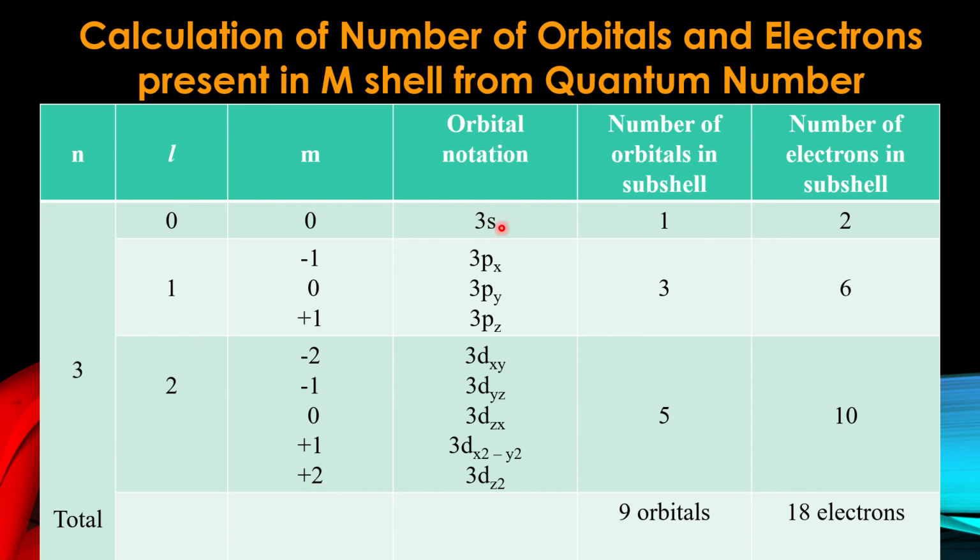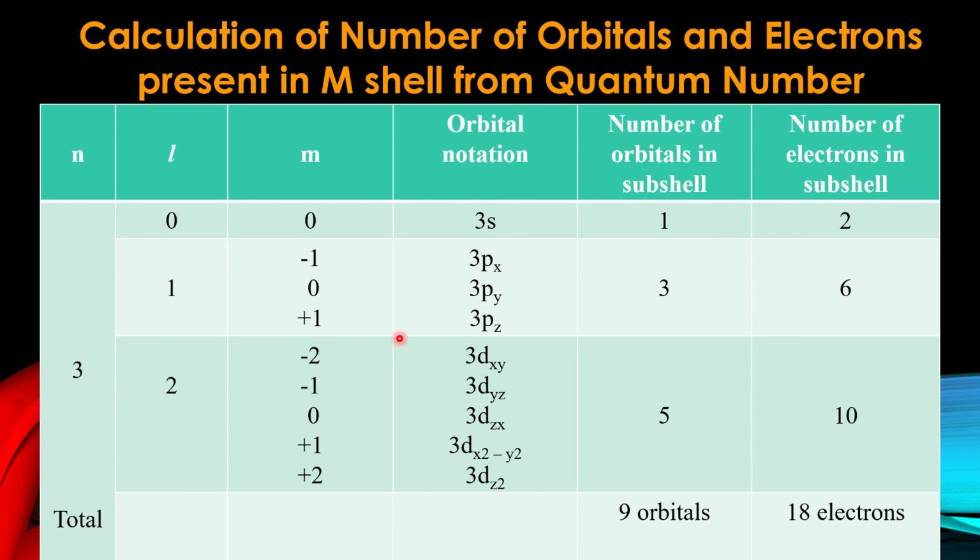Here I have written the name of every orbital. This is the third shell. So for L equal 0, it is S type of orbital. This is 3s orbital. For L equal 1, this is P type of orbital. And for M equal -1, it is 3px. M equal 0, it is 3py.